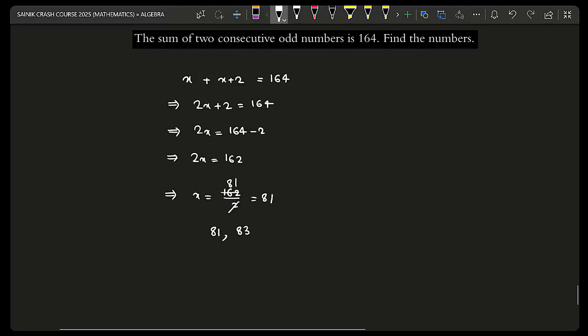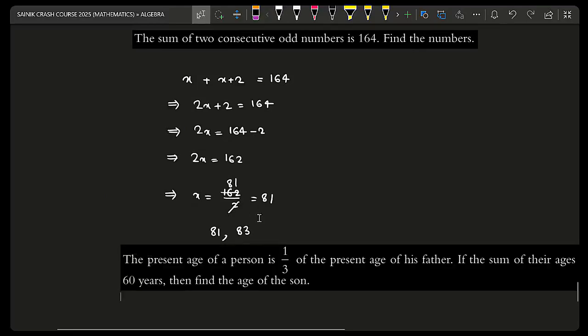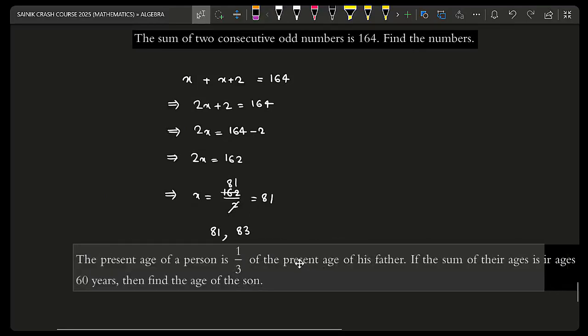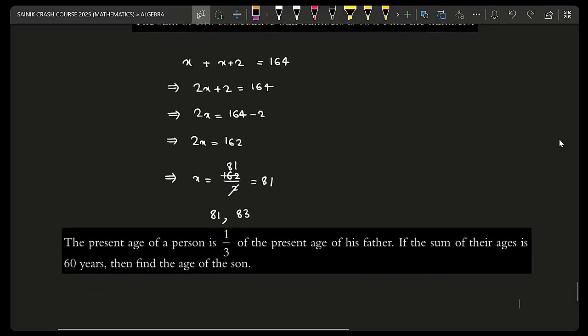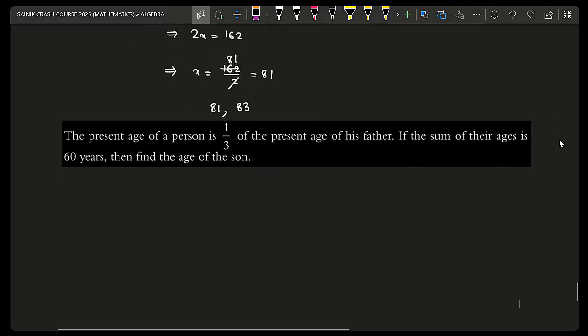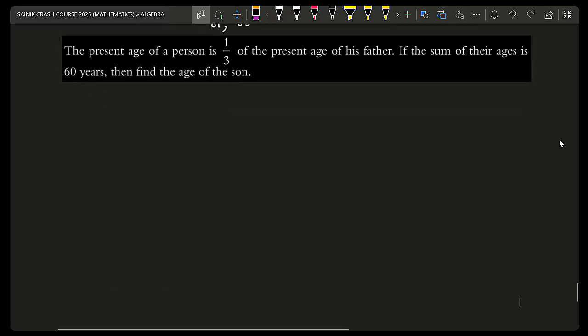All of you try one more question. The present age of a person is 1/3 of the present age of his father.